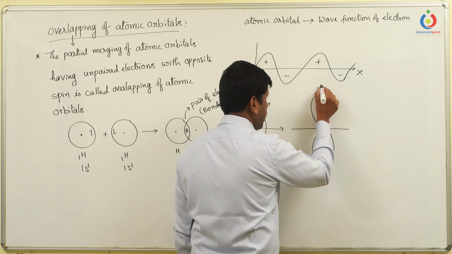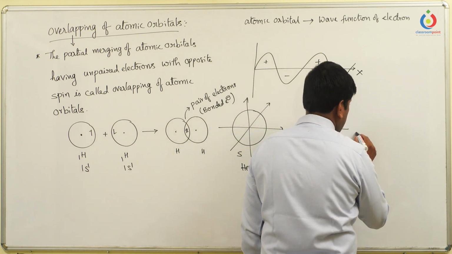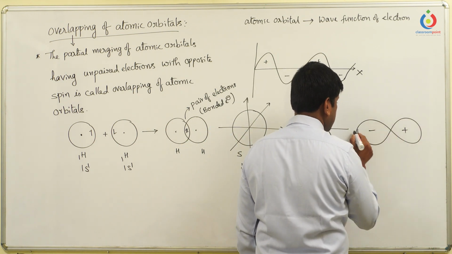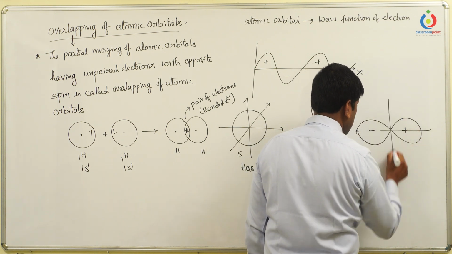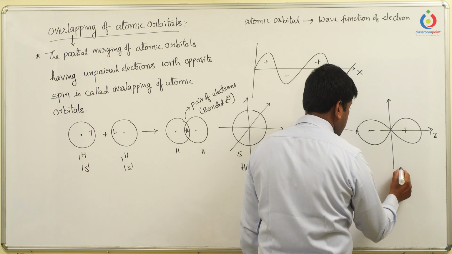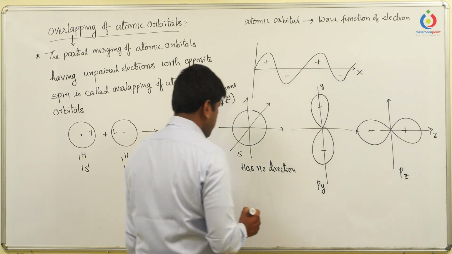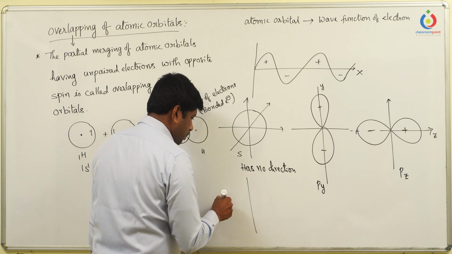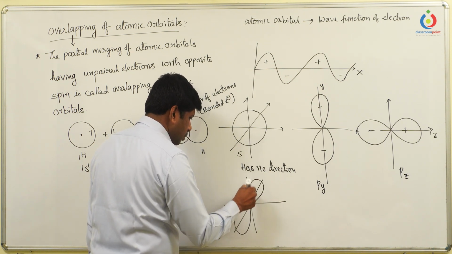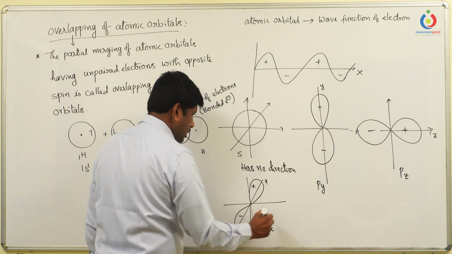If you take this one as the y-axis, this is called the py orbital. If you consider this as the z-axis, both of the lobes are oriented along the z-axis, so it is called the pz orbital. In case of the px orbital, imagine this is taken as the x-axis, where plus and minus are present. So now we can call this one the px orbital.